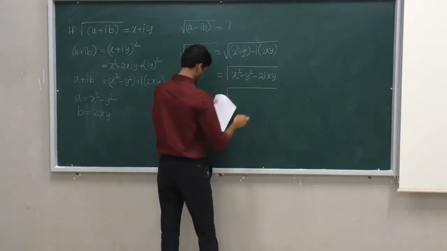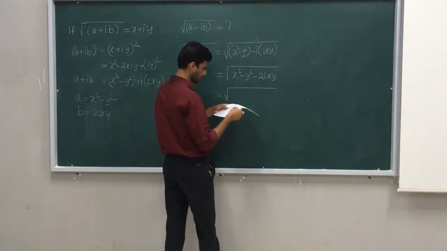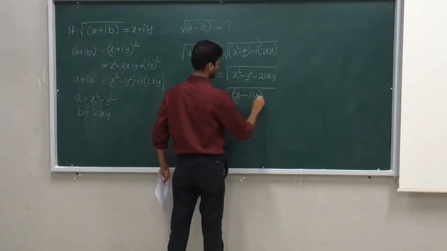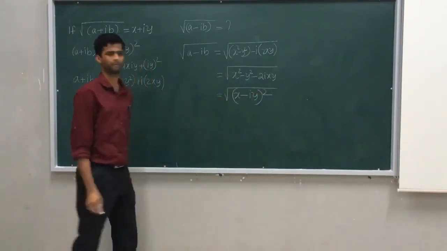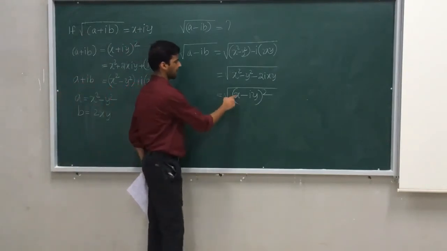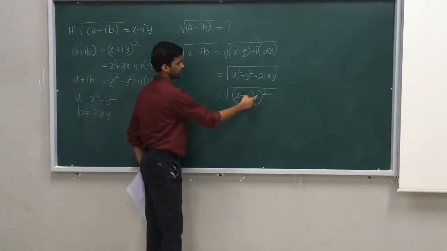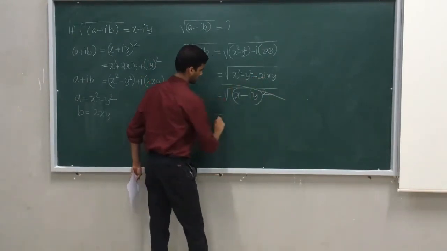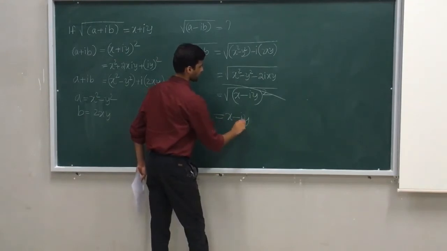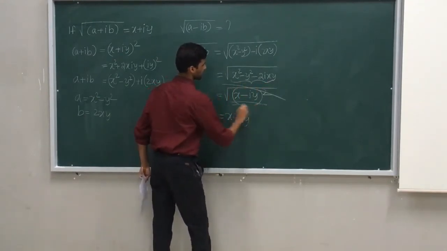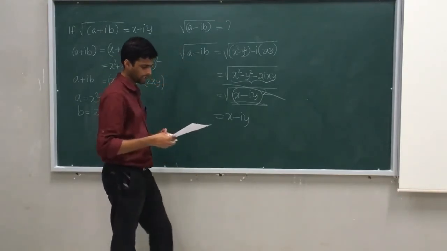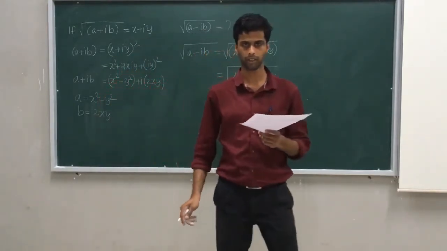Now, if you observe this, can I write this in this way? Because when I square x minus iy, i square is minus 1, so minus y square, minus 2ixy. Yes. So the square root cancels. You are left with x minus iy. Therefore, I got x minus iy. Therefore, option D is the right answer for this particular question.